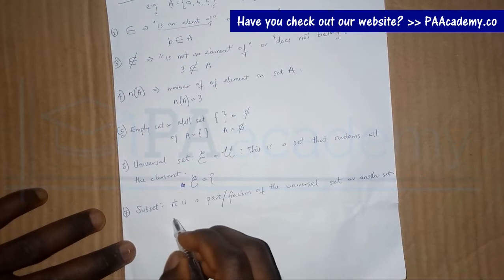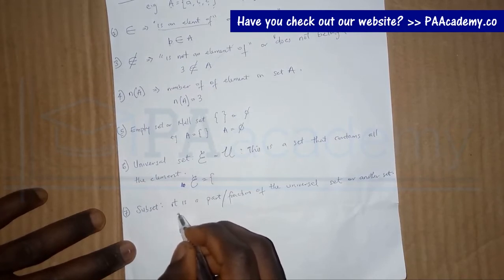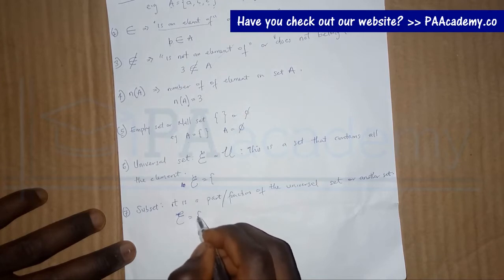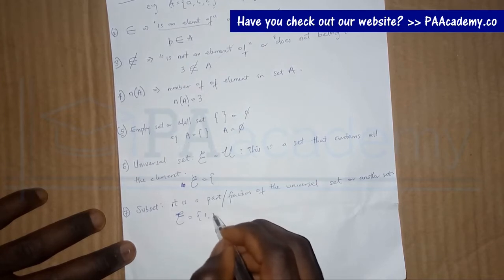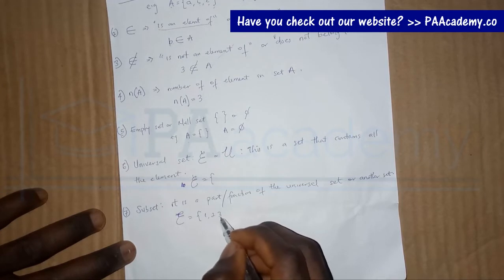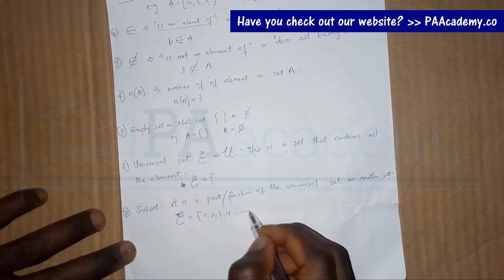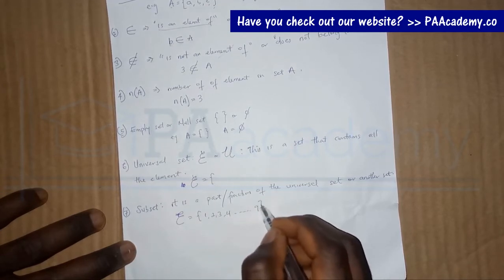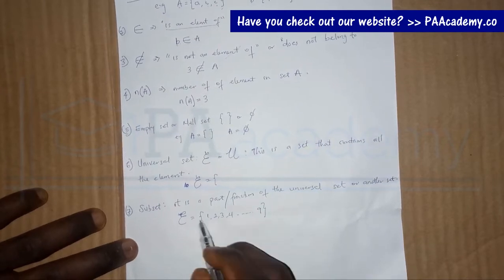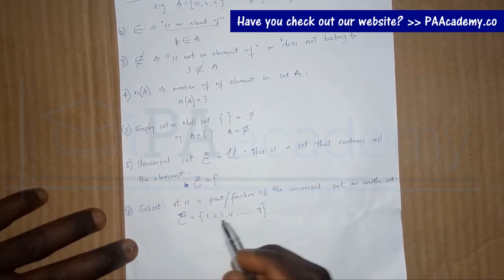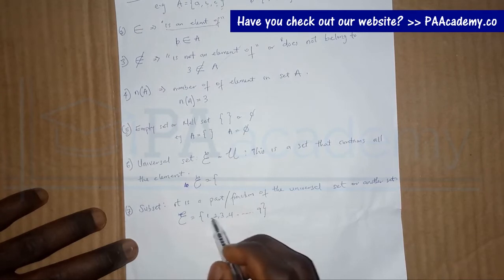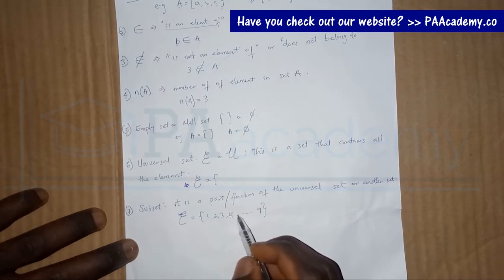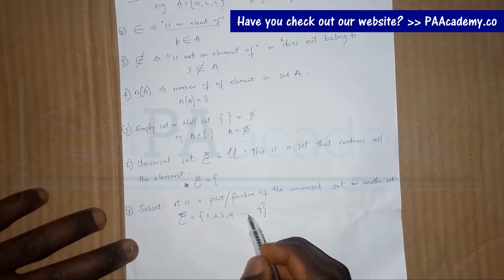Let's say we have a universal set, and the elements in that set are 1, 2, 3, 4, and then up to 9. This is another thing you have to note. If you have numbers following the same sequence, like 1, 2, 3, 4, 5 and then dot dot dot up to 9, the dots mean 5, 6, 7, 8.